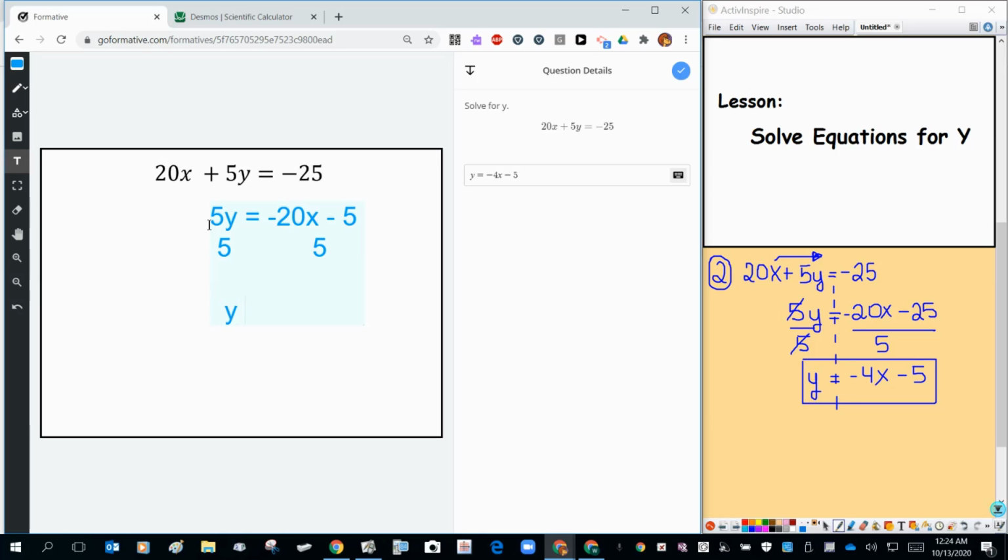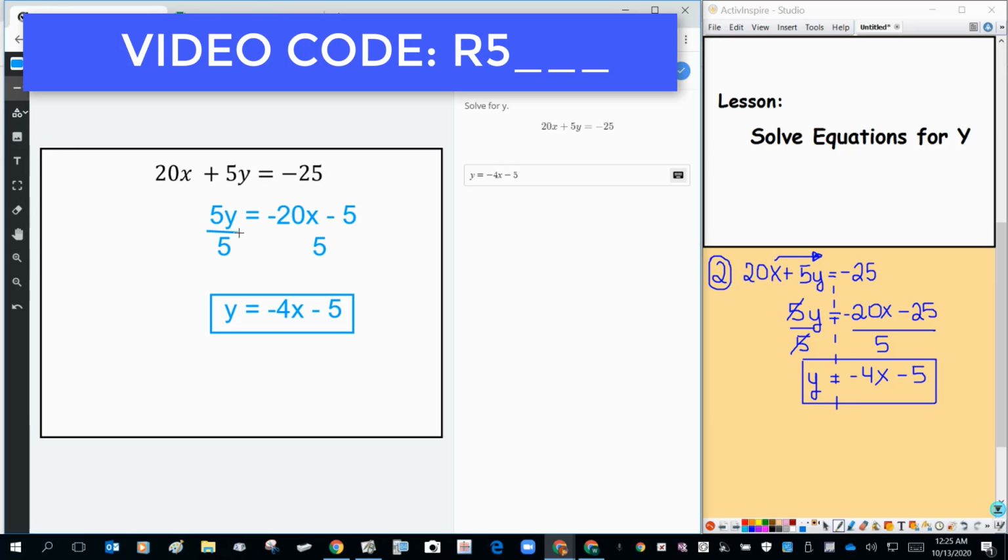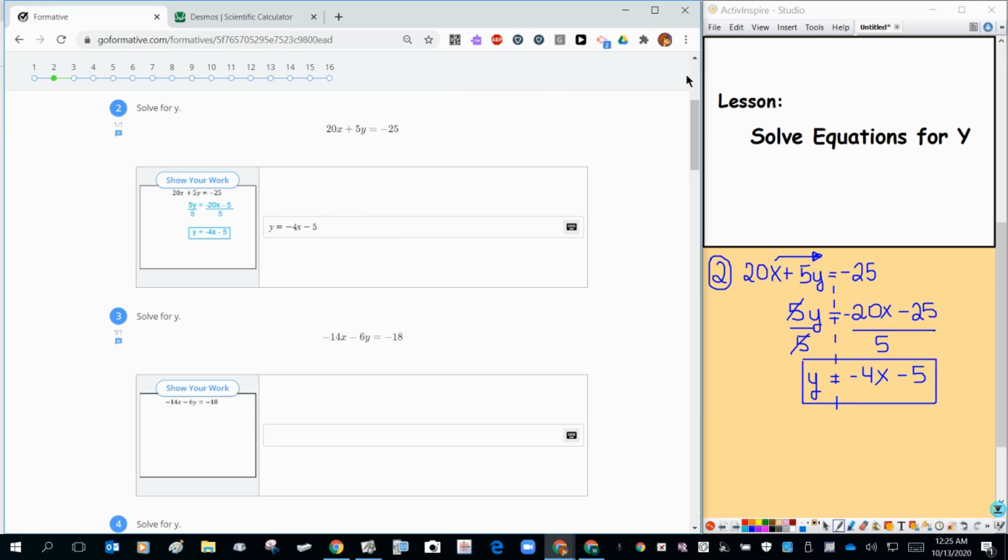We got y equals negative 4x minus 5. Now I can use the rectangle to square my answer and also click the line and draw my lines for division. And there you go. So now I'm ready for problem number 3.